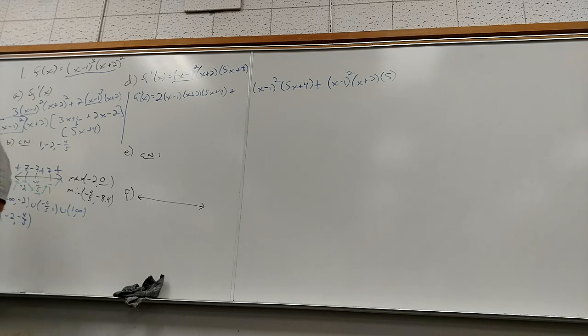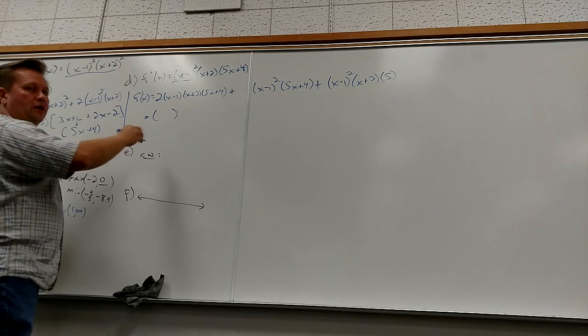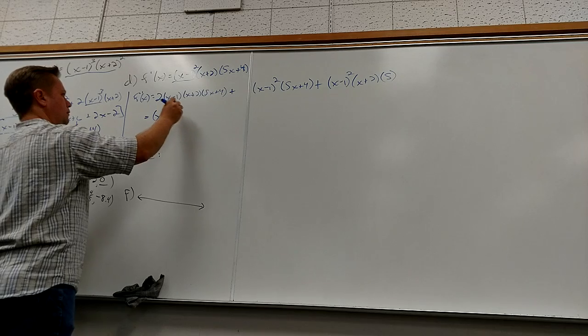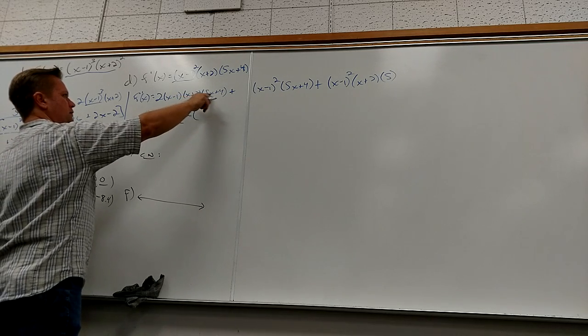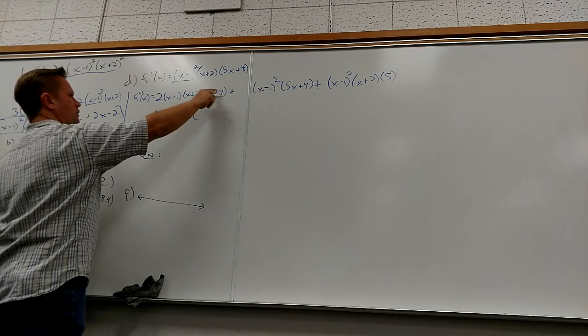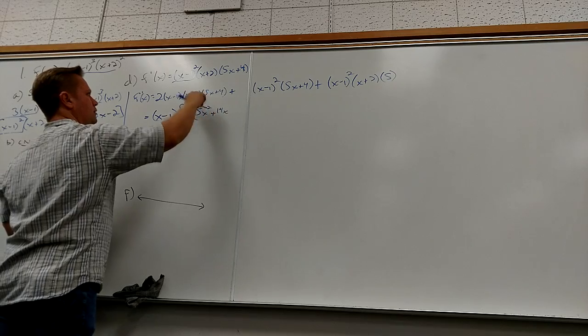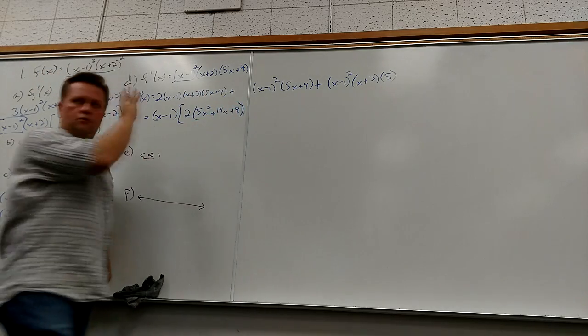What comes out of all those? Only x minus 1. And that kind of sucks. So what am I left with? 2 times, let's see, 5x squared plus 4x plus 10x plus 14x plus 8. Oops. Is that cool?